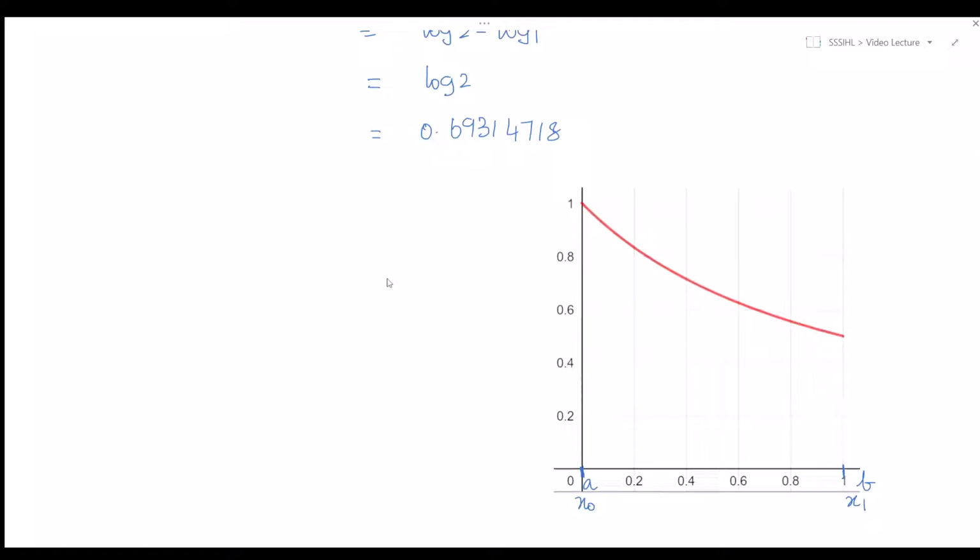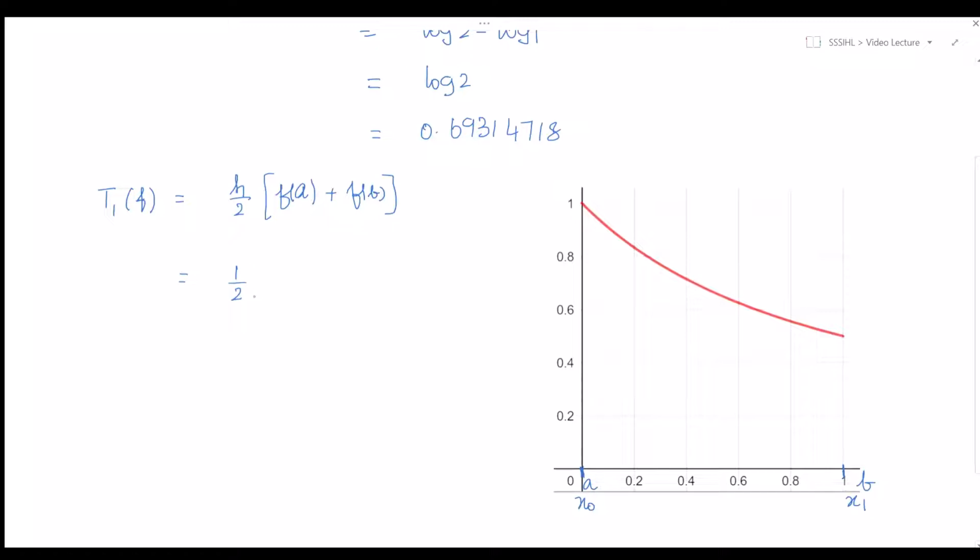Evaluating this as a single interval, T1 of f is h by 2 into f of a plus f of b, where h is b minus a, that is 1 minus 0.